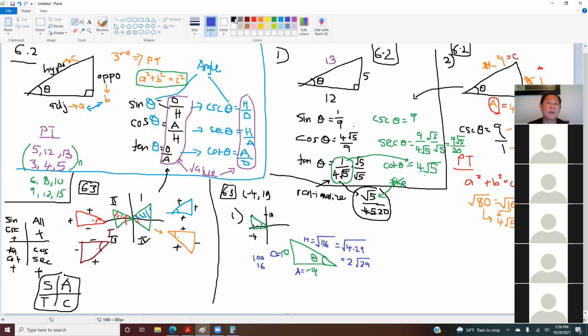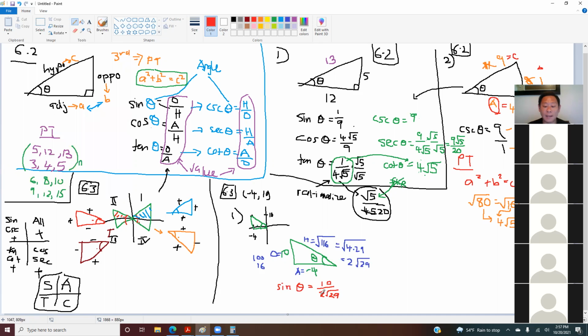So can someone tell me what is sine theta here? Ten over 2 square root 29. And we have to do some reduction, simplify.